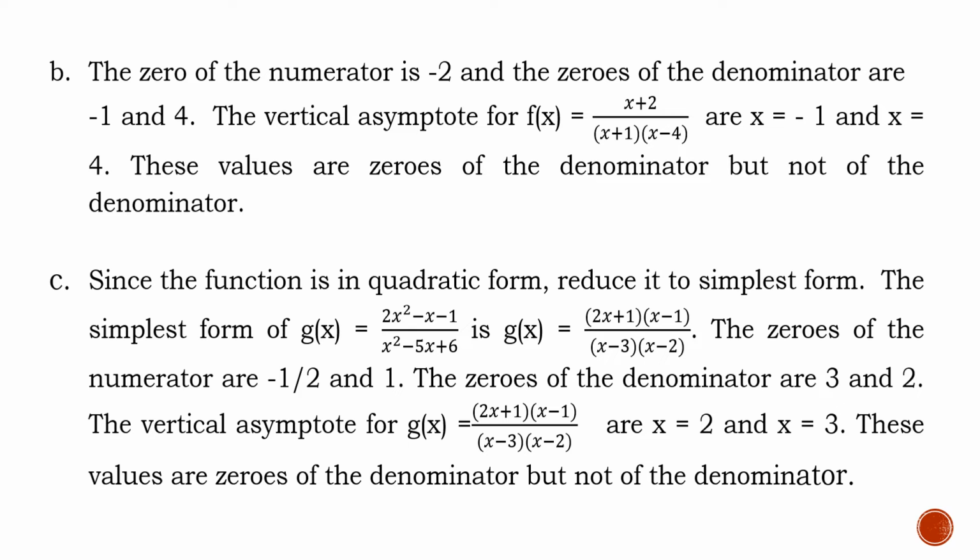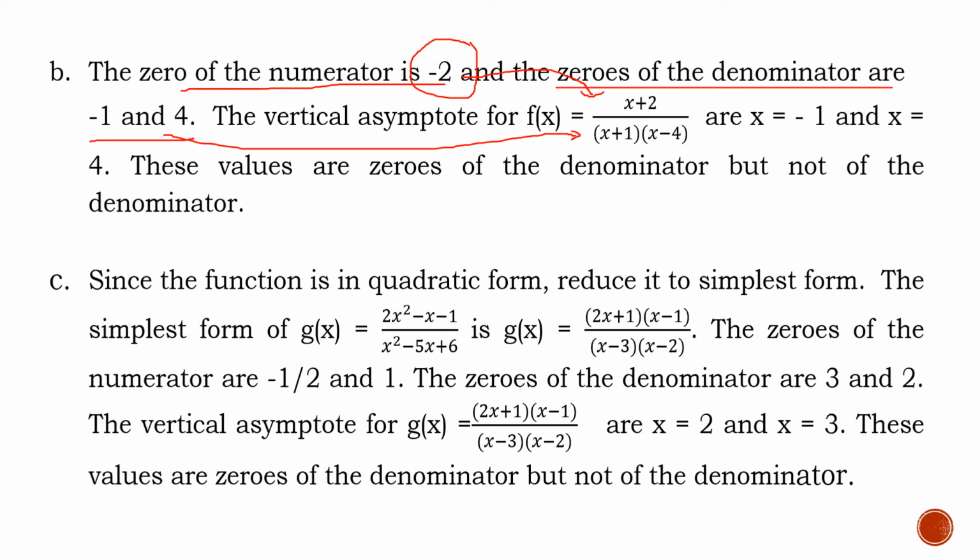So for letter B, the zero of the numerator is negative 2 and the zeros of the denominator are negative 1 and 4. Why did it happen? Because if we put negative 2 into the given function, it makes the numerator equal to 0. Then once we put negative 1 and 4 into the denominator, it makes the denominator equal to 0.